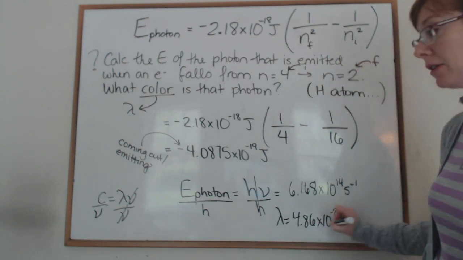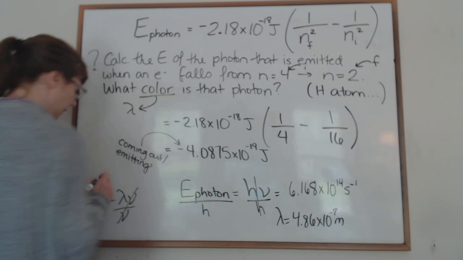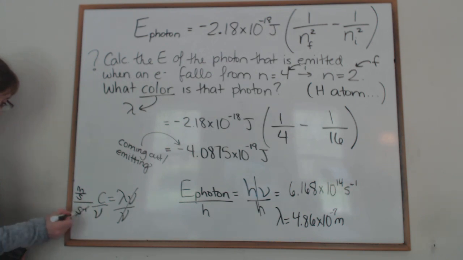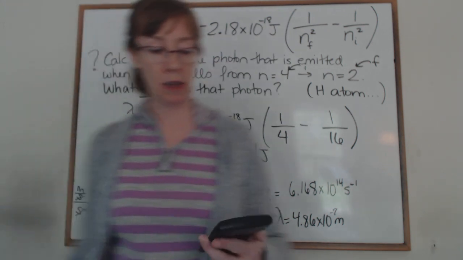Remember, that's meters because the speed of light was meters per second, divided by s to the minus 1. These two cancel because they're both in the denominator, and your answer will be in meters.